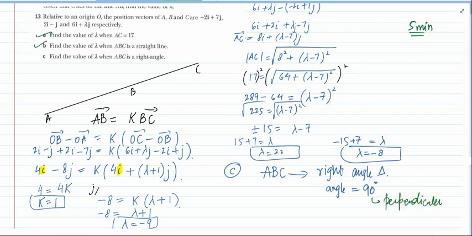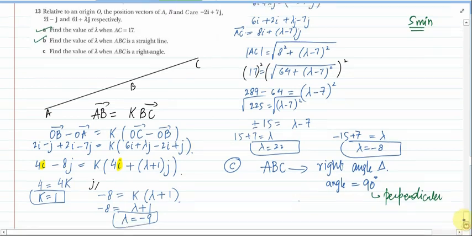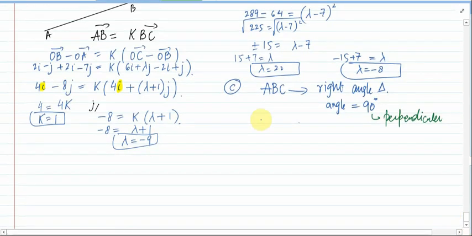Alright, for the condition for perpendicular lines, we know that the gradient is the negative reciprocal, right? M1 into M2 equals minus 1. But how are we going to apply this condition? So we have the vector AB, and the vector AB we have, it's 4I minus 8J.